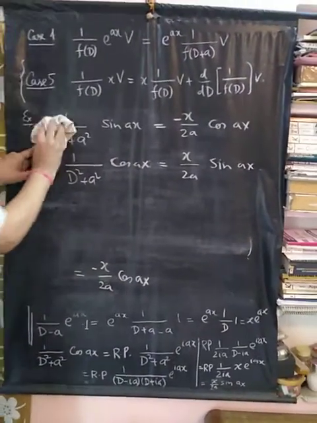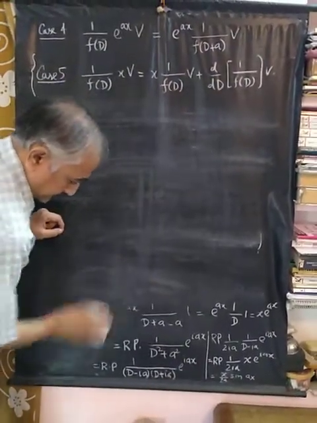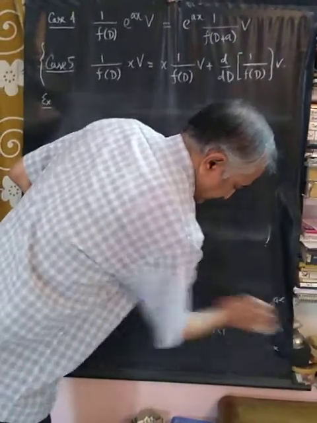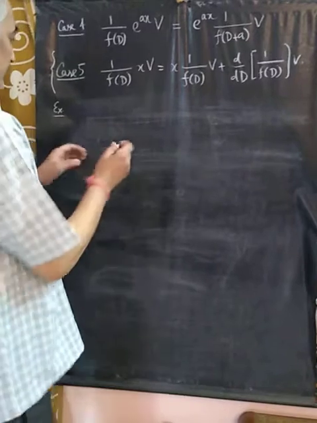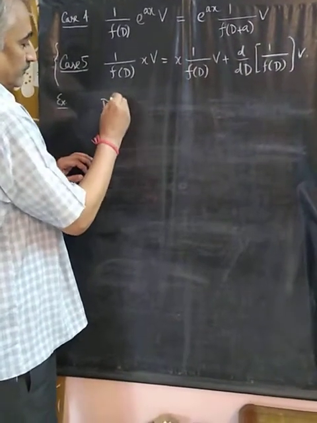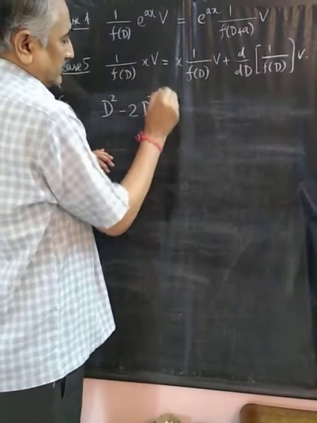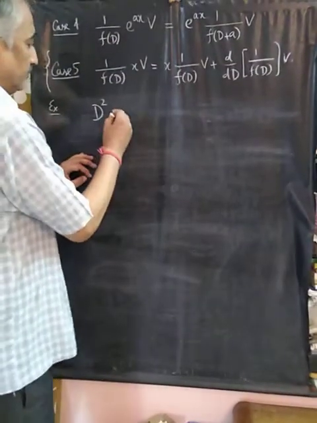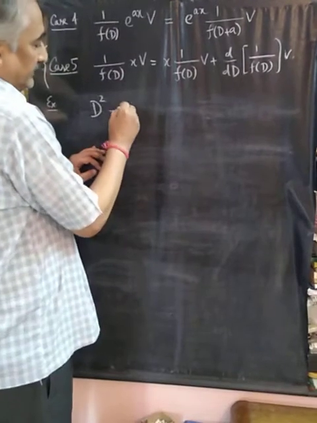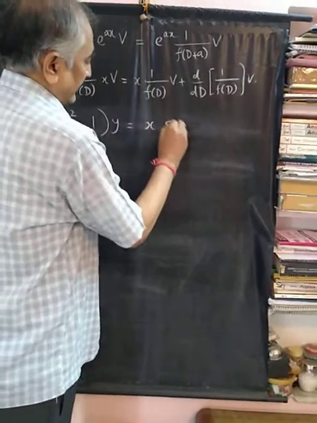So I am rubbing this off. Let's look at this. D square minus 1 on y is x sin x.